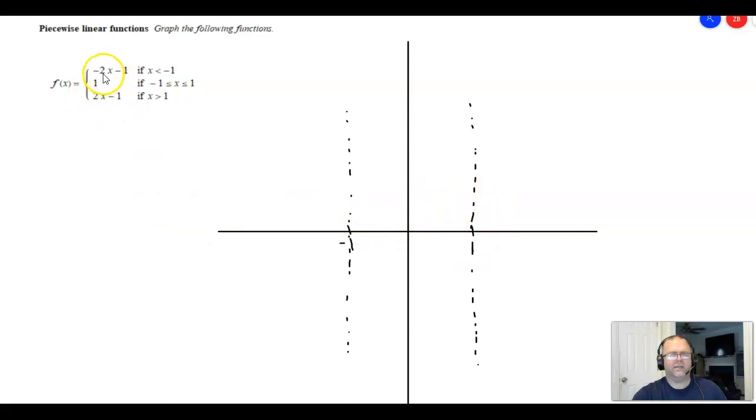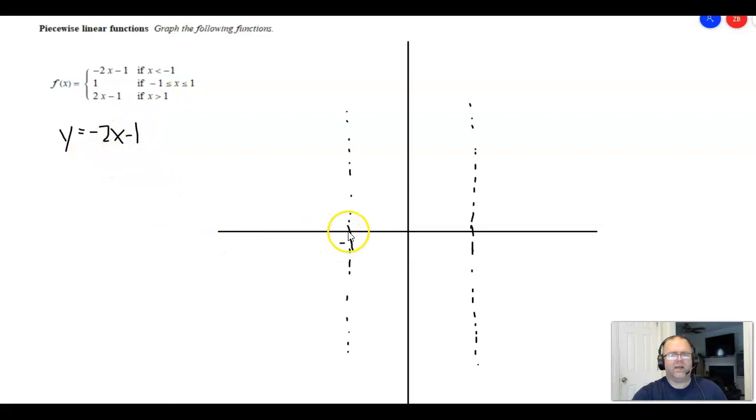So this first one is if x is less than -1, which is to the left of this -1 vertical line here, so we're talking about the area over here, then we have the function -2x minus 1. So y is equal to -2x minus 1.